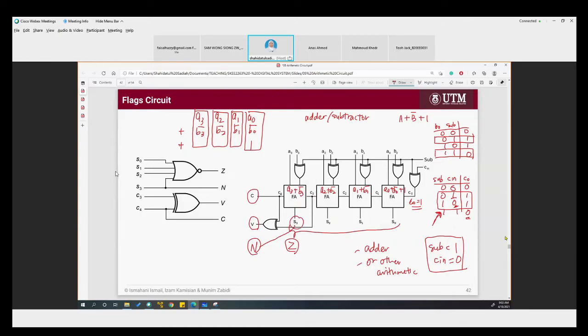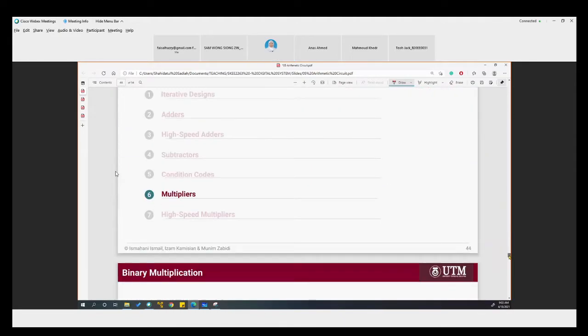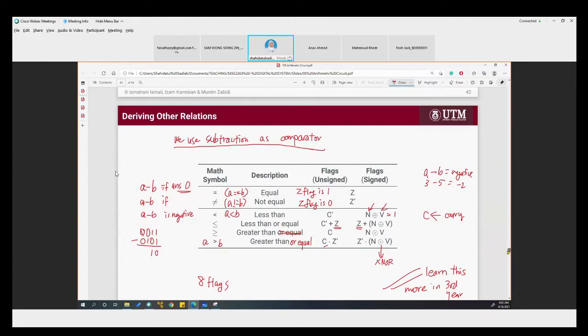If S3 is 1, N is 1. If S3 is 0, N is 0. Okay. Alright. There are some mistakes in these slides, okay, that I will check later.